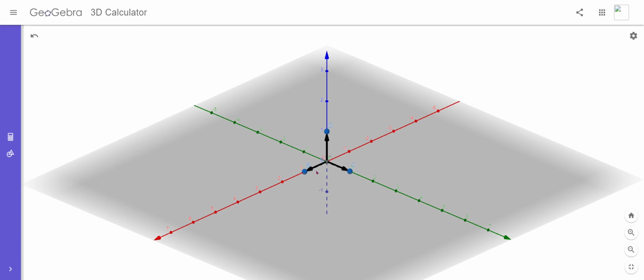These three vectors form a basis for R3. So that means the dimension of R3 is 3. R3 is a three-dimensional vector space.